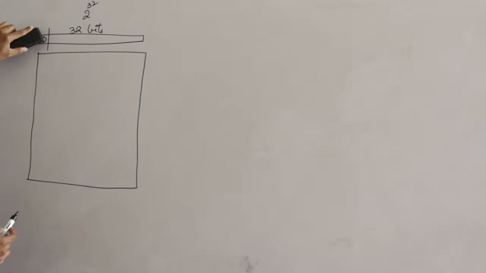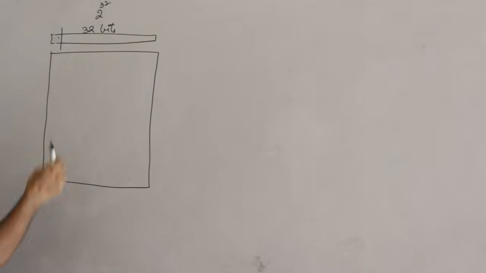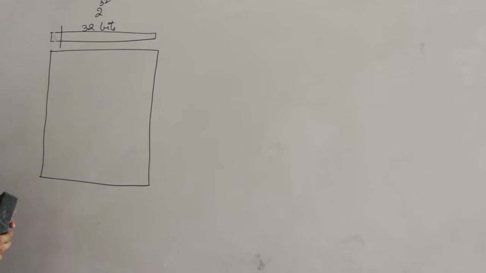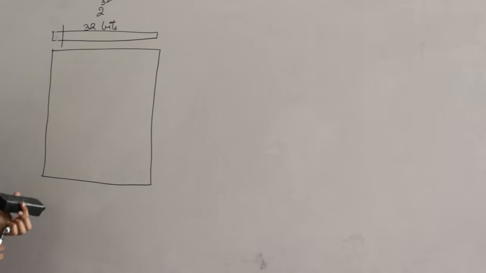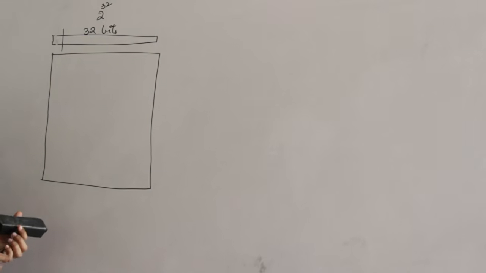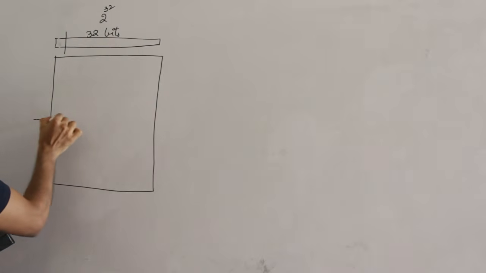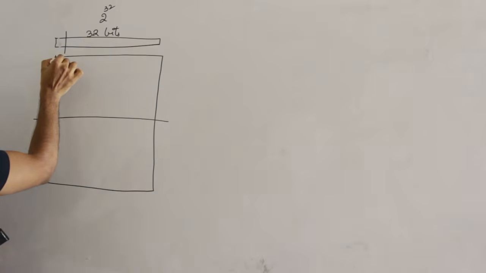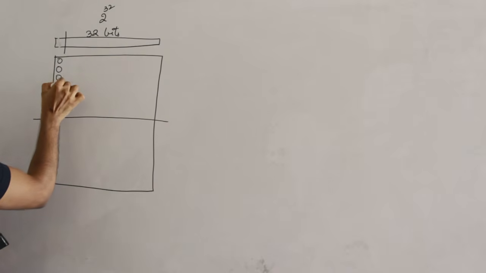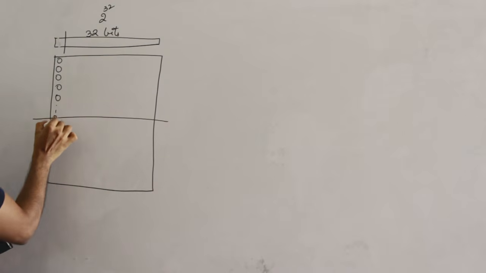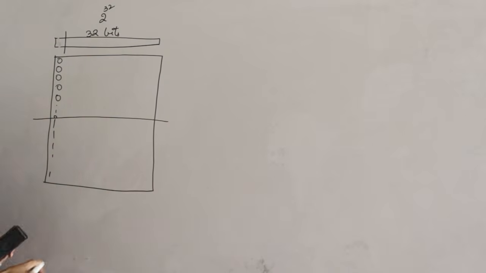If you choose one bit, we have seen this in the previous lecture, we are actually dividing the entire IP addresses into two parts. This 2 power 32 numbers will be divided into two parts. One part will contain 0 in that first bit, and the other part will contain 1 in the first bit, right?